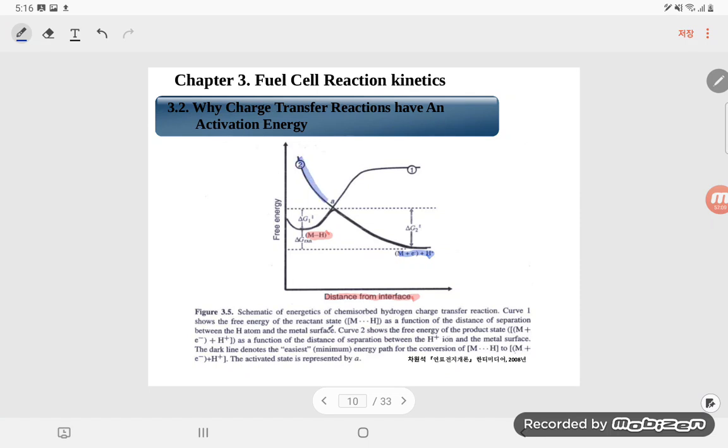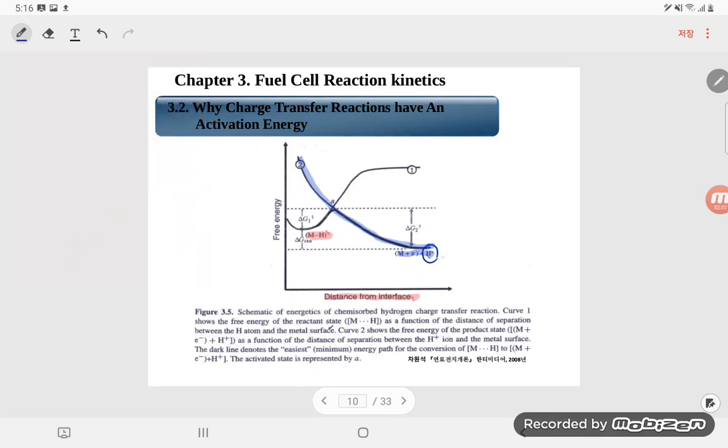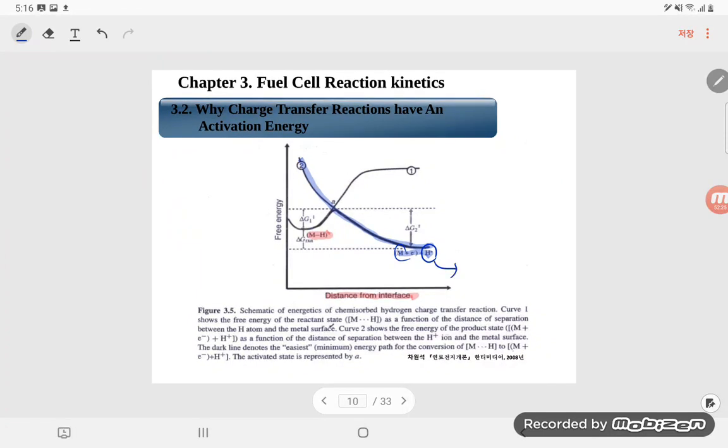So this is the step for the second energy level, because as the hydrogen ions are far away from the electrode, then the chemical species is stabilized when the H plus, this hydrogen ion, goes too far away from this metal surface. So this is the graph for it.